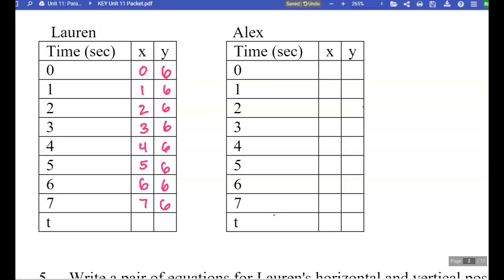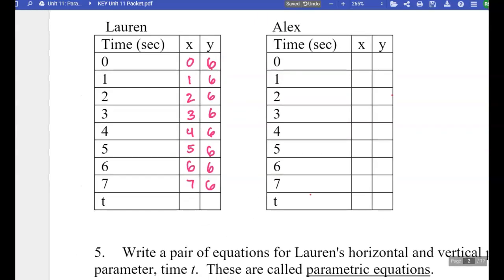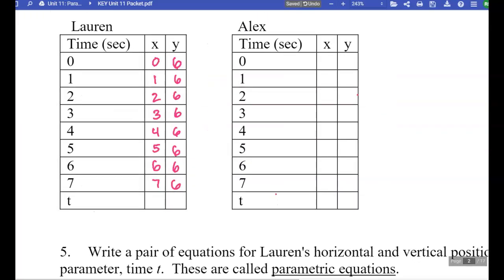So, based on this data, if I am looking at any time t, doesn't matter what t is, how does x relate to t? What will x be? This is my time, and this is my x.